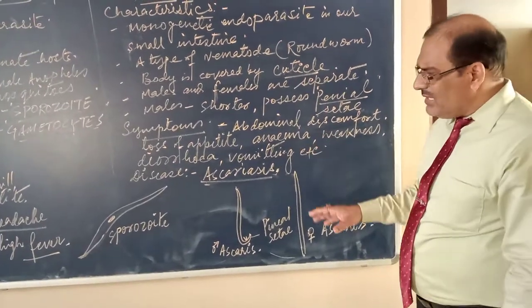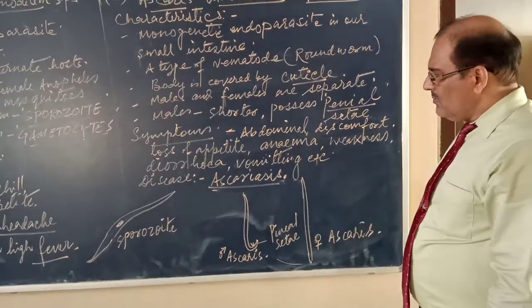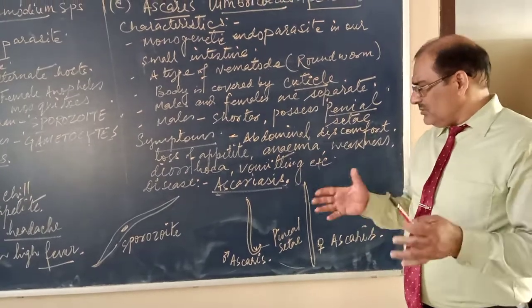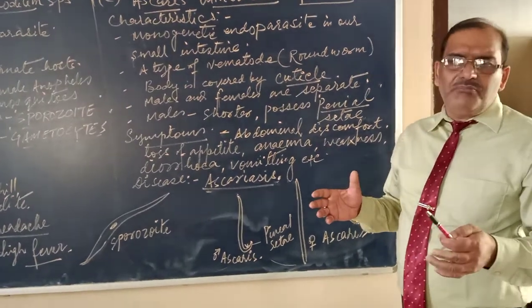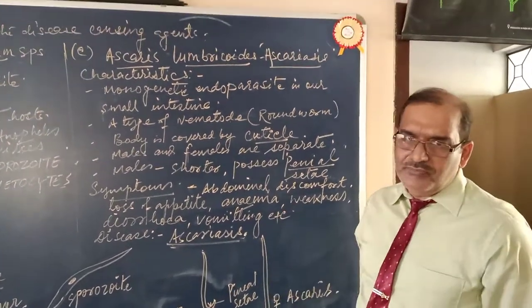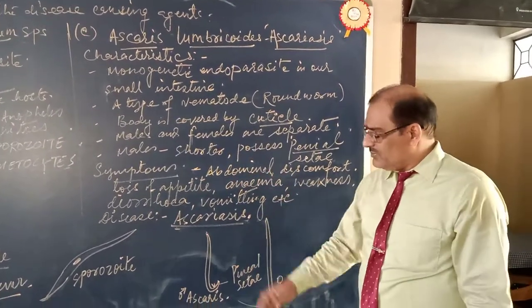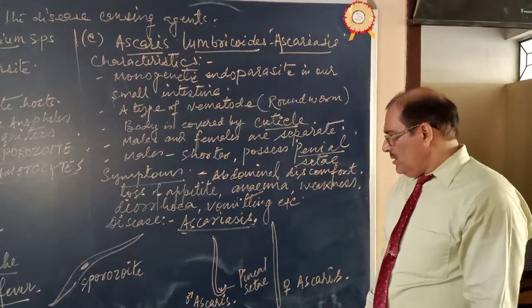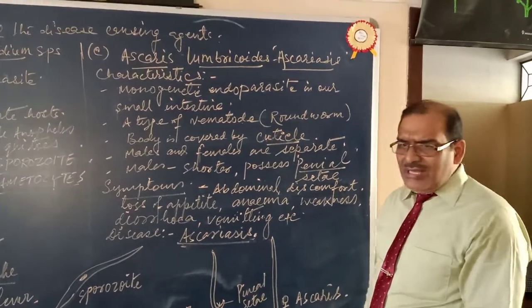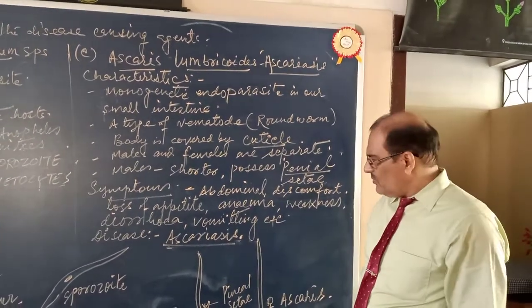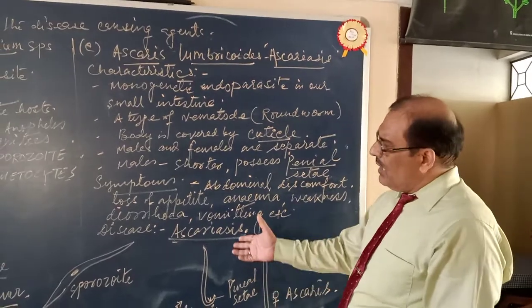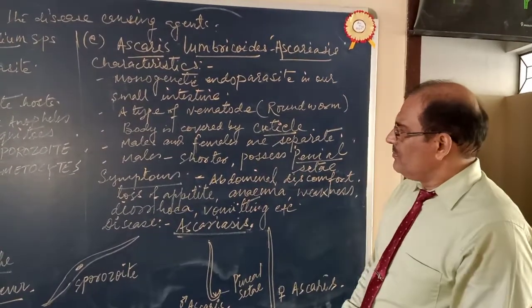Generally children are infected, so they show irritation. The behavior becomes irritating, they get irritated very soon. Then there is enlargement of the belly. So these are the symptoms, and this is monogenetic.